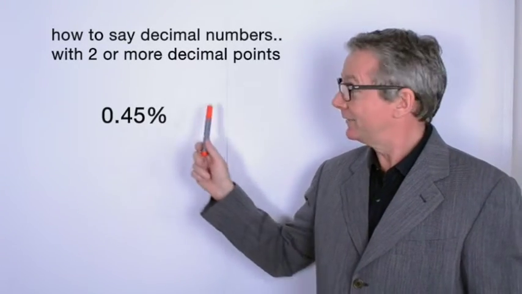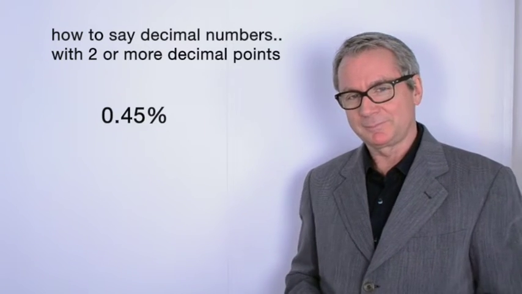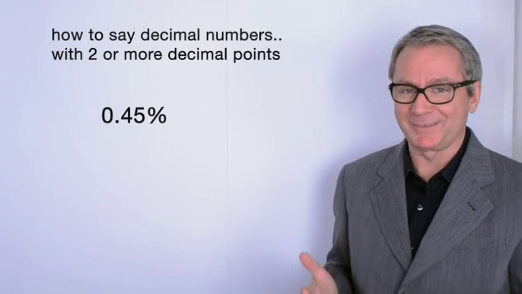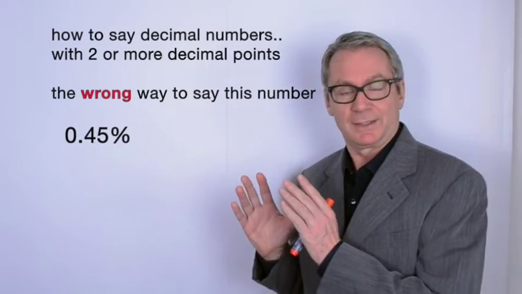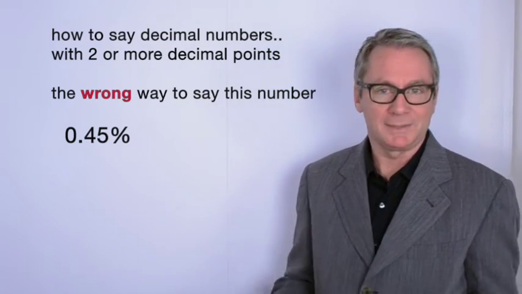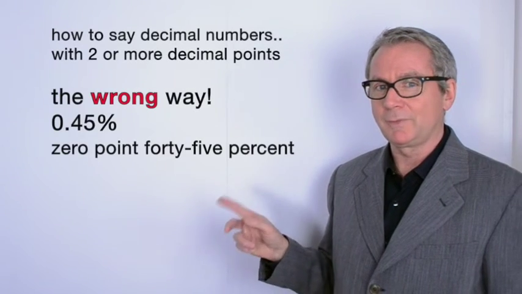So here's a number, it's expressed as a percentage. How do you say that number? Well, a lot of my business clients actually get this wrong. Even if they are good business English students and they've been doing business for a long time, they will say that number is 0.45%.